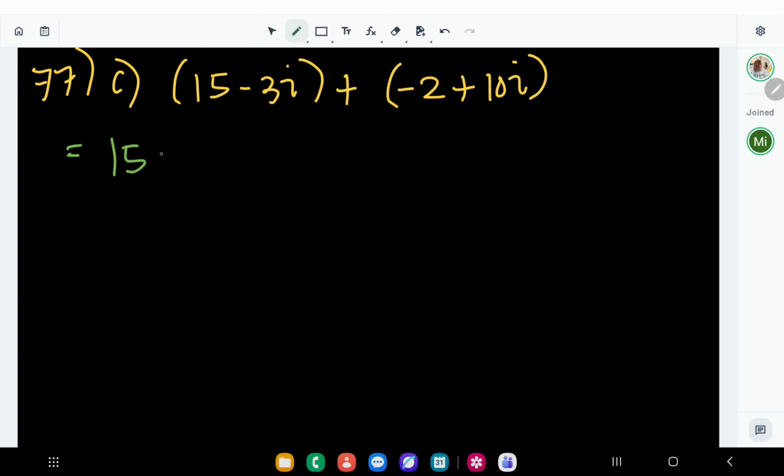This would become 15 minus 3i minus 2 plus 10i. Then we group like terms. So this is 13 plus 7i, right?